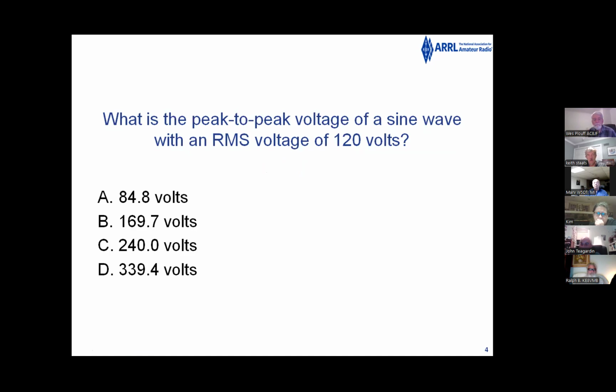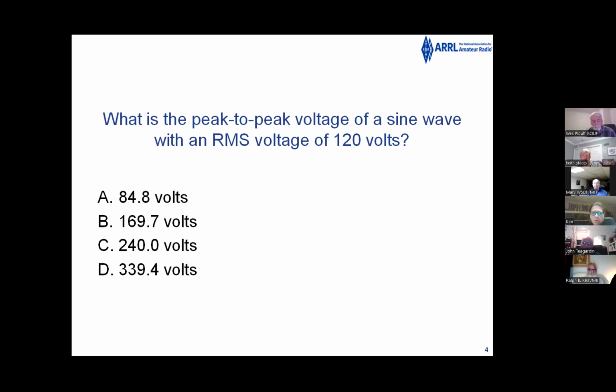My editorial here is this is a trick question to me because it's peak to peak. So if you think you're a hot shot and you remember RMS is 0.707 times the peak, to go the other way, you divide 120 by 0.707, and that'll give you the peak, but that's not the question.